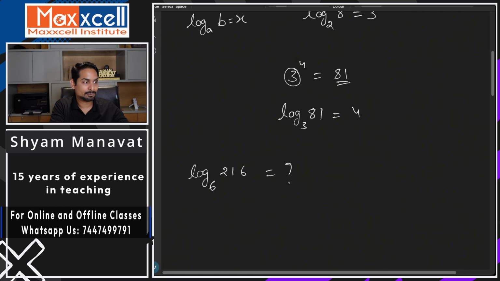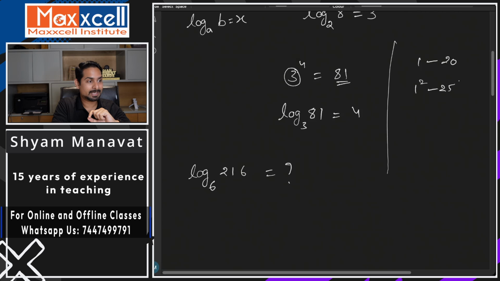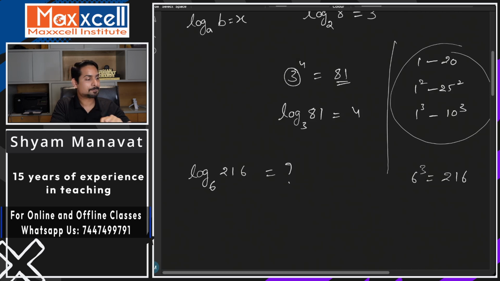If you have done the homework, which I keep on repeating in almost every lecture, the homework is to learn tables till 20, squares till 25 and cubes till 10. If you have learned this, then I hope you remember that 6 cube is 216, correct?